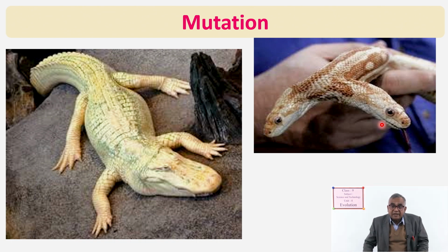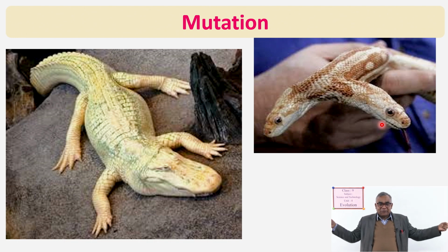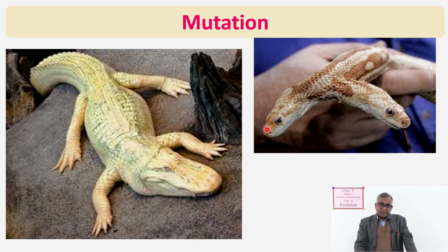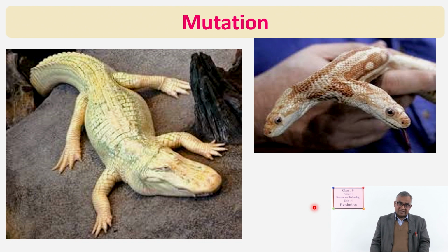Is there a possibility or not? There is a possibility. So a snake may have a number of heads also. A person can be imagined with 10 heads also. Usually that is not found, that is rare. But here it is found, it is real. This snake is real. So that shows the possibility of such things.